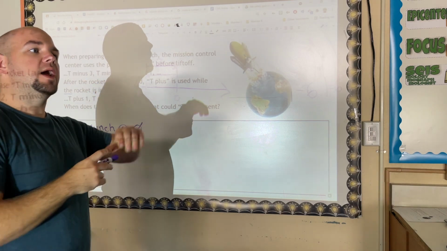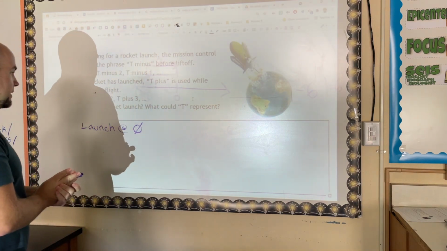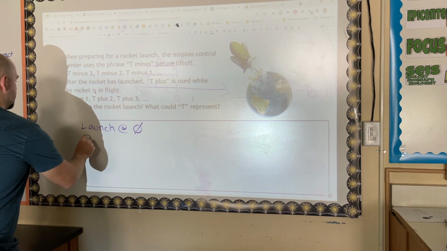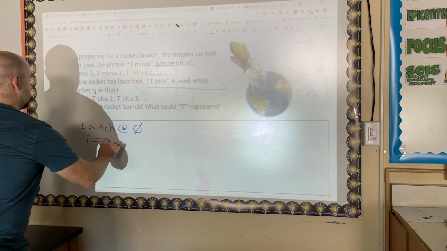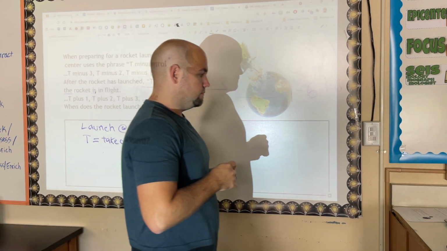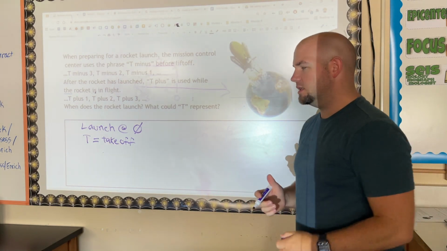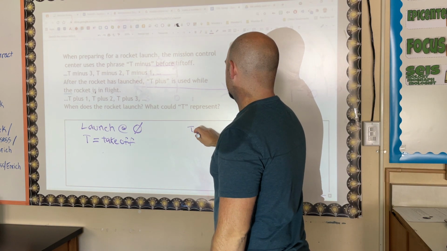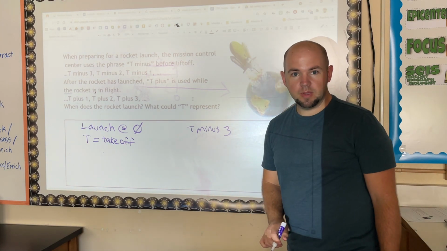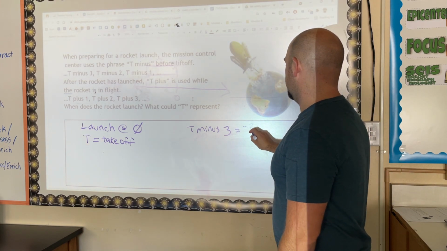So they're counting down T minus 19, 18, 17, 16, and you get all the way down to 0. That is our launch point. That is when they're expecting to launch the rocket. So what does T represent? We could say T equals takeoff. If we're going to think about what integers represent this, say they're saying T minus 3, that number they're referring to, the integer, is -3.